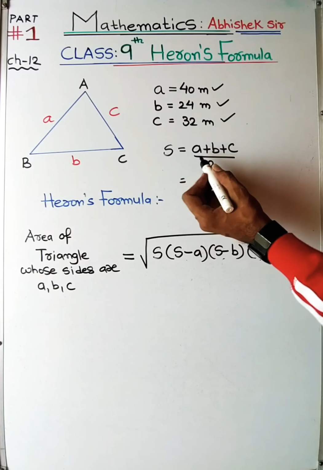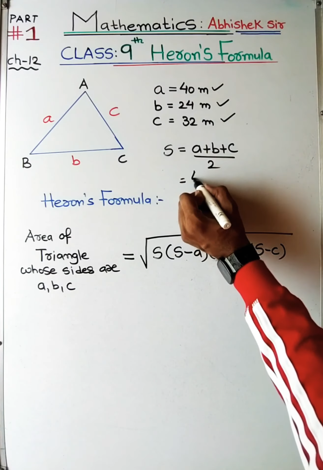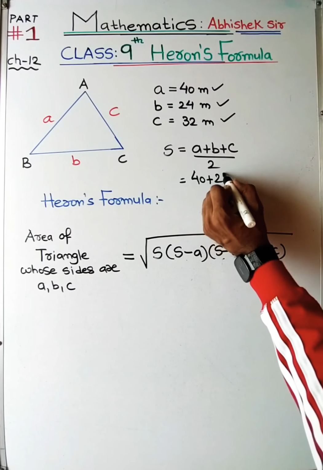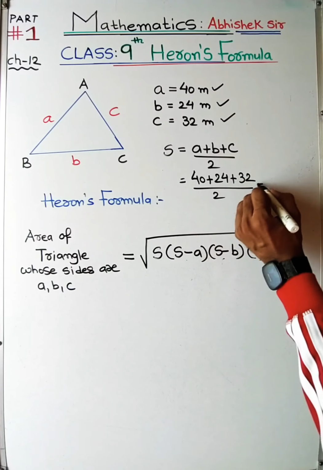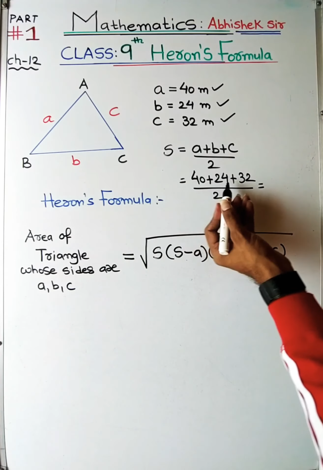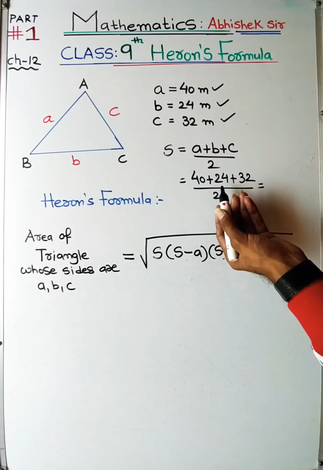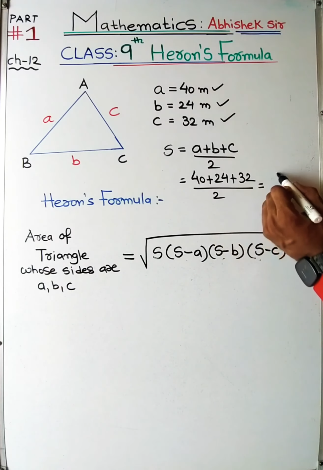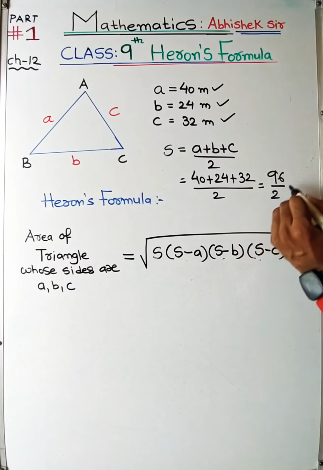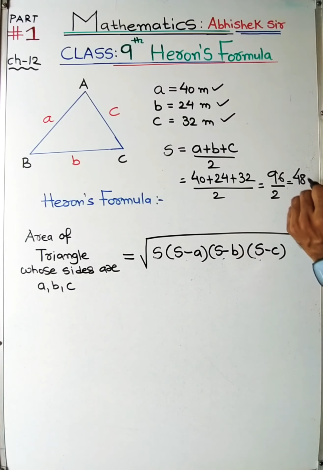So for the semi-perimeter you must add these three, that is 40 plus 24 plus 32, and then divide it by 2. Now 40 plus 24 is 64, 64 and 32 is 96. So 96 upon 2 is 48 meters. So the semi-perimeter comes out to be 48.